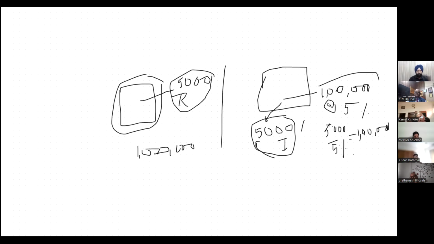So this 1 lakh, which is the value of your building, is called the capitalized value. This value, which is derived from such a comparison, is derived using the capitalization rate. And this process of converting your income into value is called capitalization.